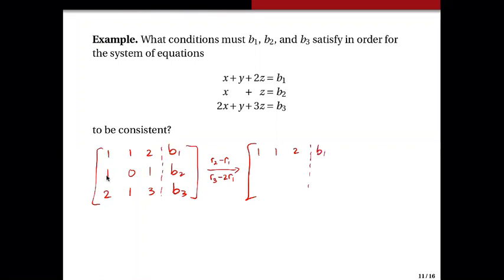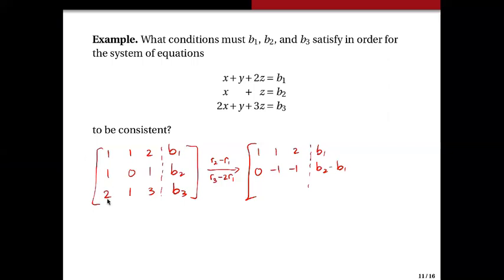And then in here, we will have what? 1 minus 1, that's 0. 0 minus 1, that's negative 1. 1 minus 2, that's negative 1. And then we have B2 minus B1.